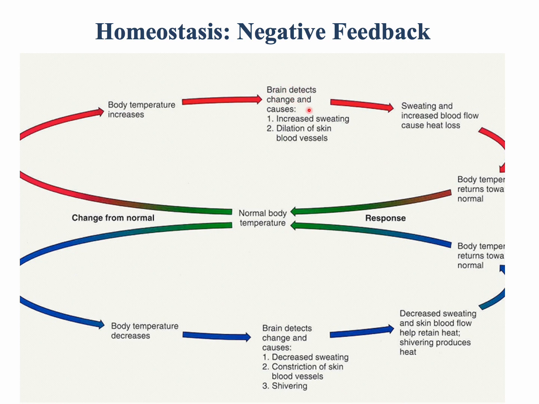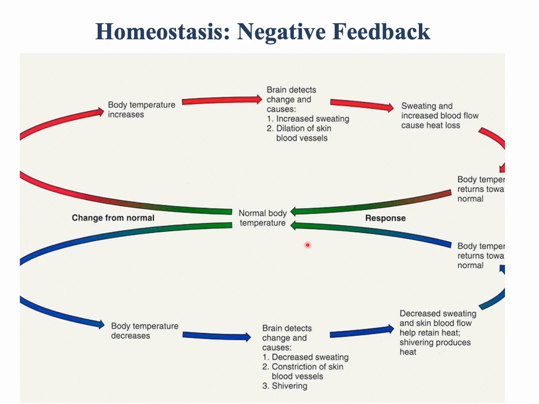What's the response? To increase sweating, to get dilation of the skin. Sweating and increased blood flow is going to cause heat loss, causing your body temperature to go down, returning back to normal body temperature. So again, the body temperature was going up, and we get some type of response that pushes it back down, the opposite direction. We can go the other way.